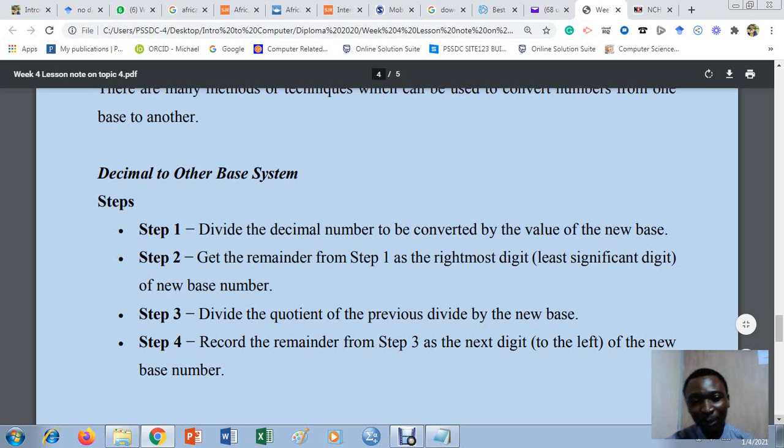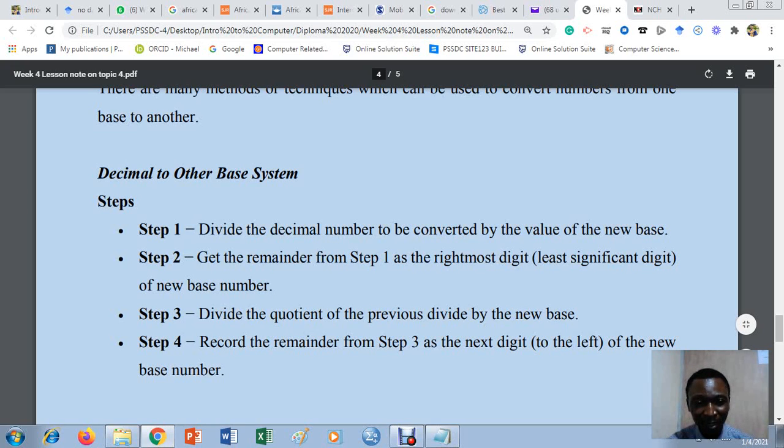Step 1 is you divide the decimal number to be converted by the value of the new base.